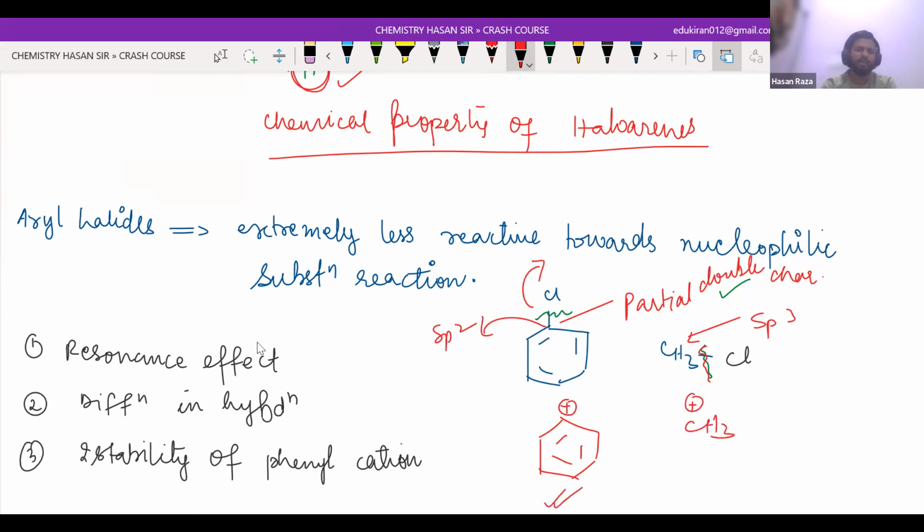So these are three main reasons. That's why the nucleophilic substitution reaction does not favor haloarenes. Still, if you want to carry out that reaction, you have to give very drastic conditions like very high temperature, very high pressure. You have seen this reaction.